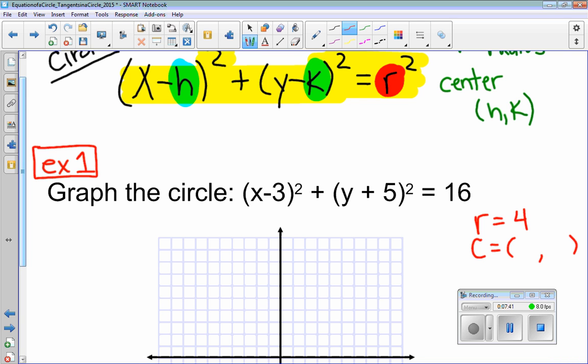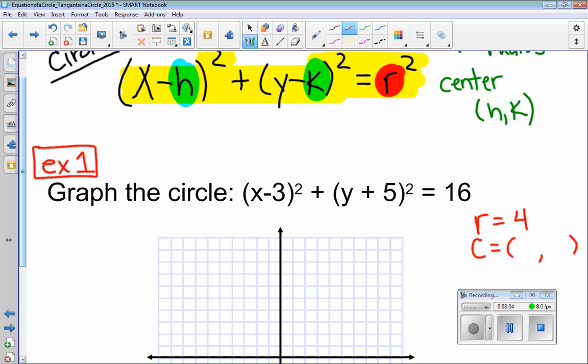Do you know what function on a calculator will do that for you? What's the inverse of a square? A square root. All right, so if I took the square root of 16, you would get the answer, okay? So if you are given an equation, you could take the square root of this last number, and that will give you what the radius is.